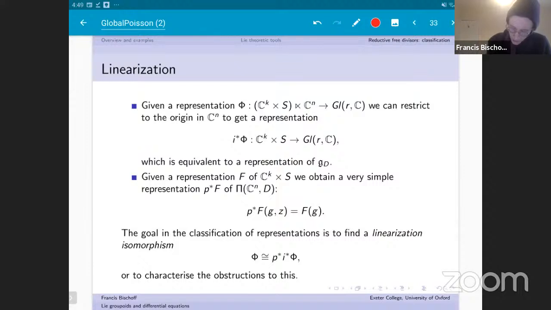So now if we're given a representation phi, we can combine both steps. We can first extract a representation of a group, and then produce out of that a very simple representation of the groupoid. And this we'll call the linear approximation.